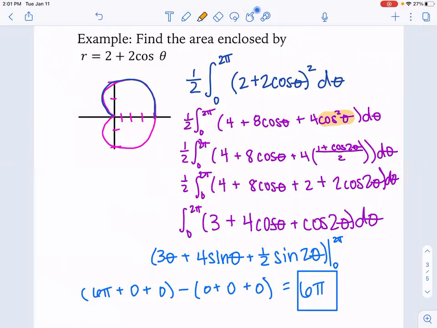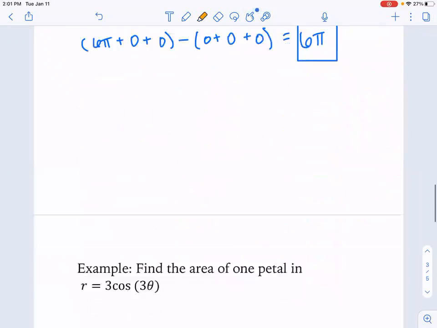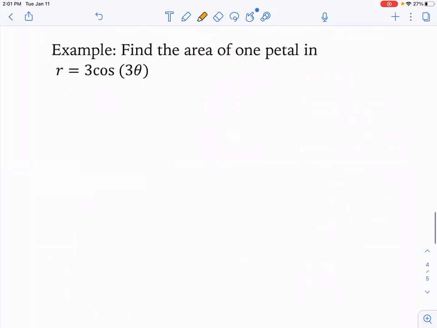All right, what do I have next for us? Here's our next example. I want the area of 1 petal of this rose curve.